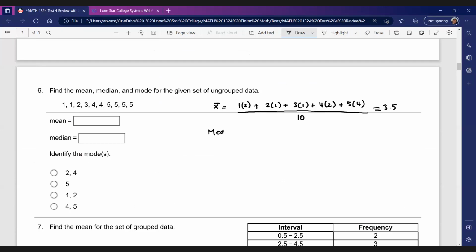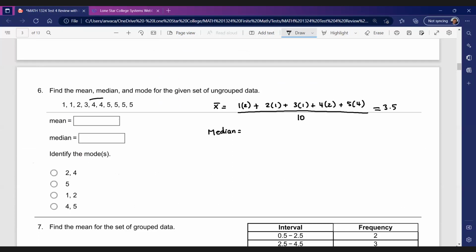What is the median? To find the median, again, we must have our data arranged from lowest to highest or from highest to lowest. And the median will be the data value right in the middle. So in this case, since we have 1, 2, 3, 4, 5, 6, 7, 8, 9, 10, since we have an even number of data items, then therefore the median will be the average of the two middle scores.